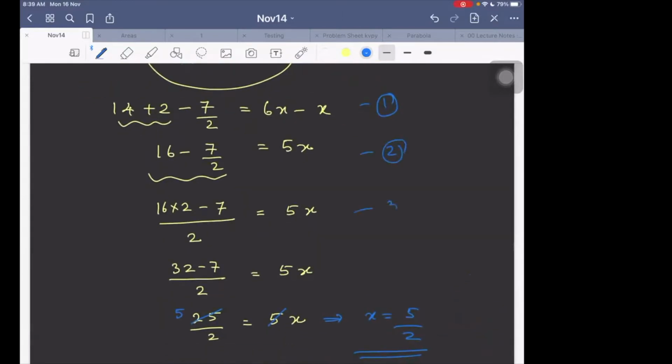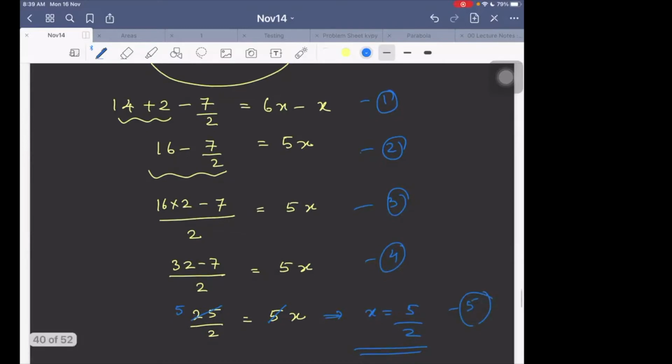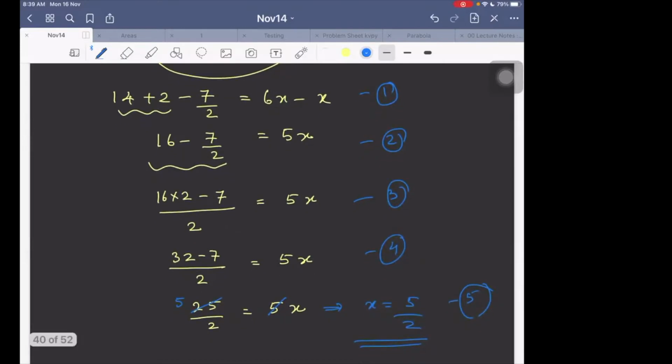Second step, third step, fourth step, fifth step. If you're stuck at some point, tell me. If this is all right, do let me know. Just say this is all right, and then we'll move on to the next question.